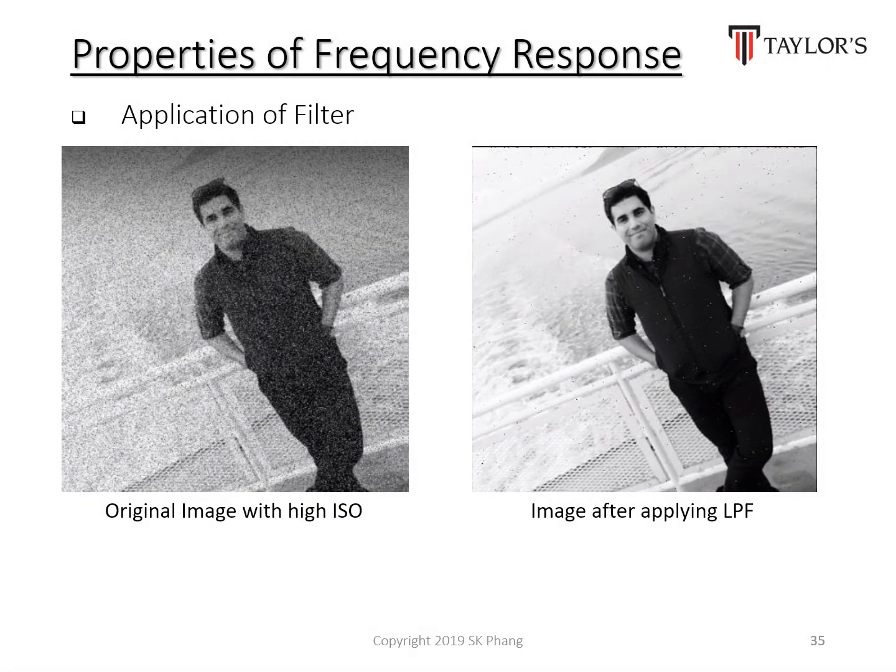So this is one example of using a low pass filter. If you have a picture that's taken with very high ISO, you notice a lot of dust, as you call it, appearing on your photos. By applying a low pass filter, you essentially cancel off all the high frequency noise that exists in your pictures.